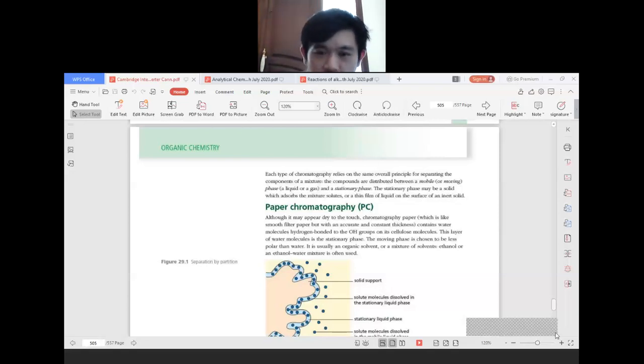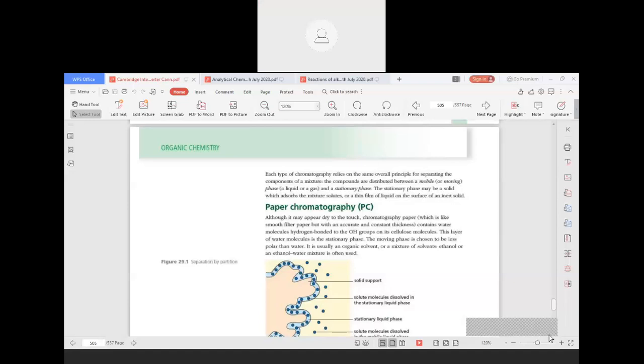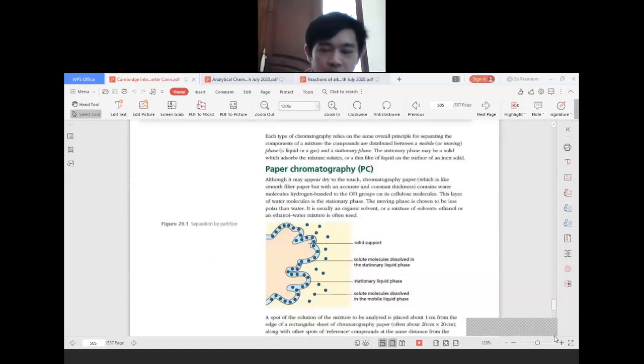Where is the adsorb here? Adsorb is after it goes inside and then makes a bond with the paper. It makes a bond with the paper, there is an adsorption.